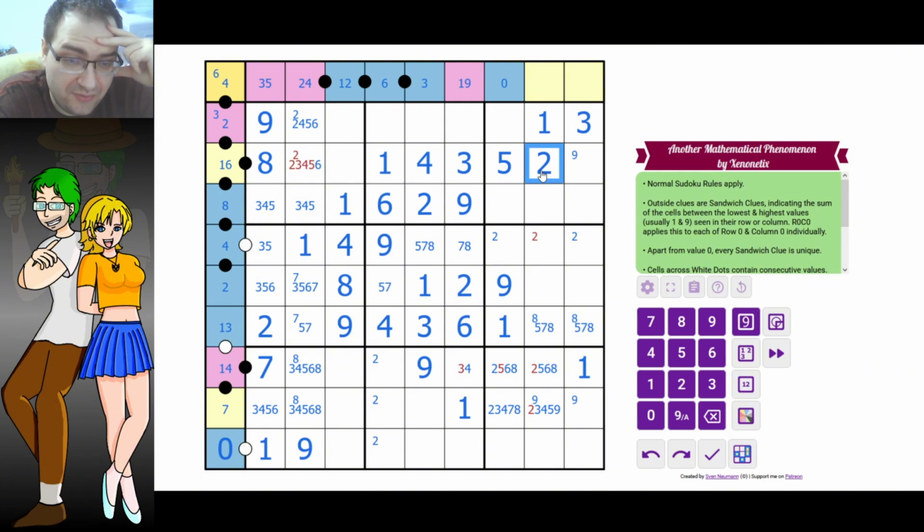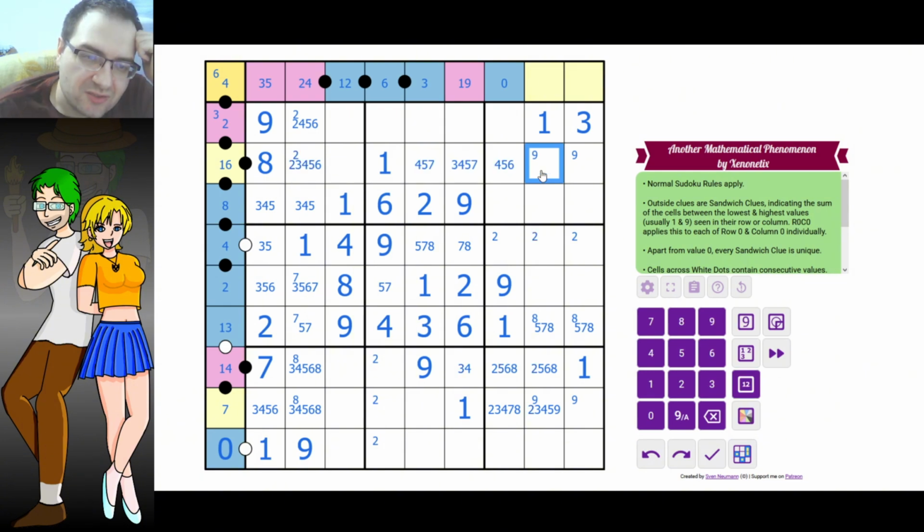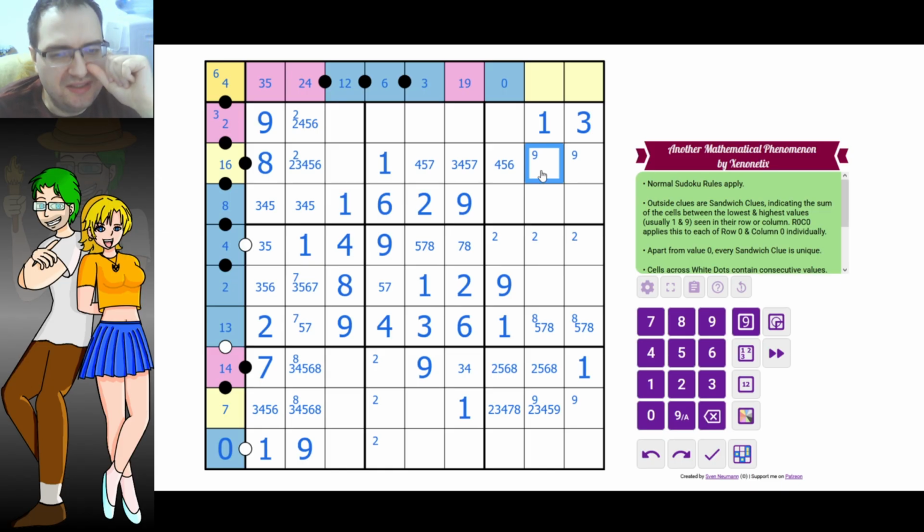We need a 3. 2, 3. So we would need a 2 and a 3. Because 2 and a 3 is 5, so we need 11. And now we could either have 4 and 7 or 5 and 6.